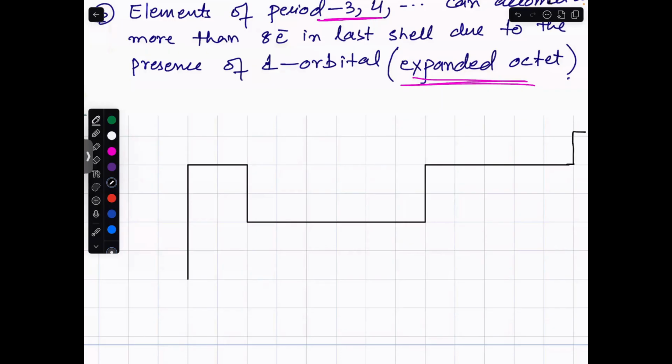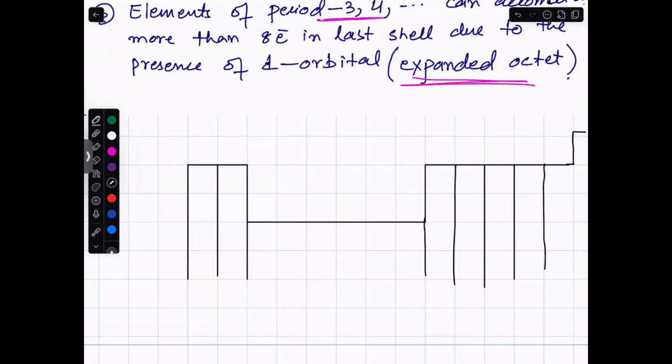This is group 0. Group 1, 2, this is 3, this is 4, this is 5, 6 and 7.